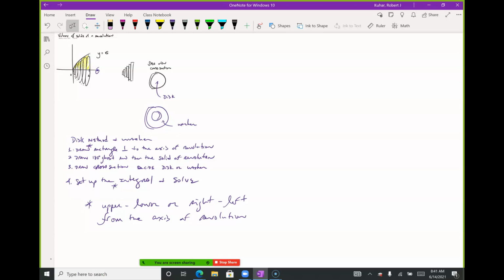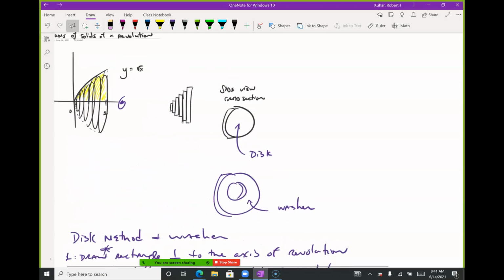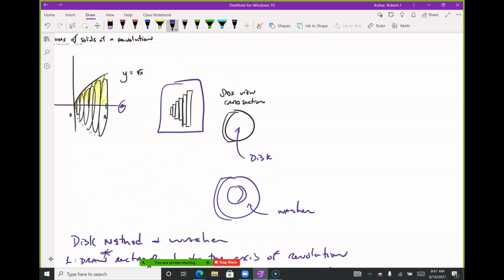Okay. So I want to develop the formula here, and you can see I'm getting a volume, and from my picture here, it's pretty easy to see that I have what shape stacked? What shape do I have stacked on top of each other? Rectangles.